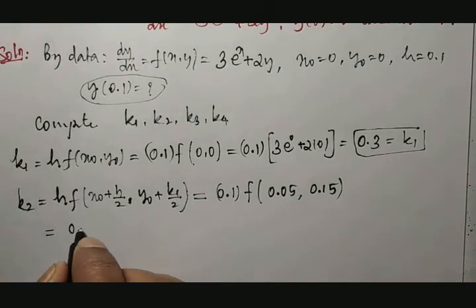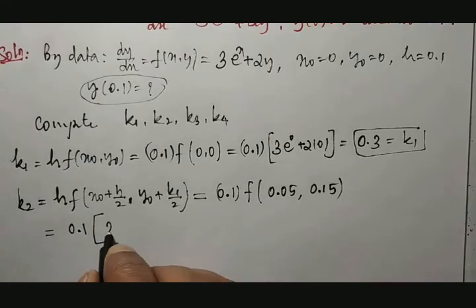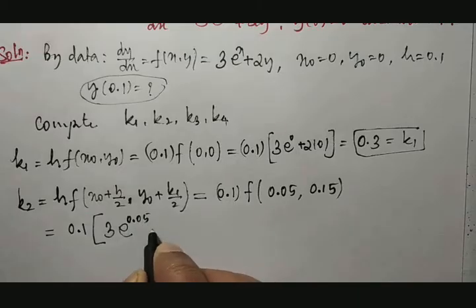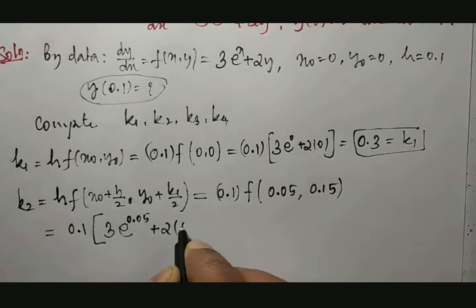Therefore, 0.1 into 3 into e raised to x, which is 0.05, plus 2 into the value of y, which is 0.15.